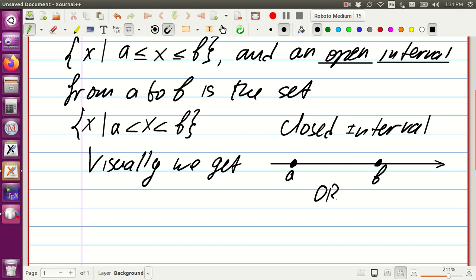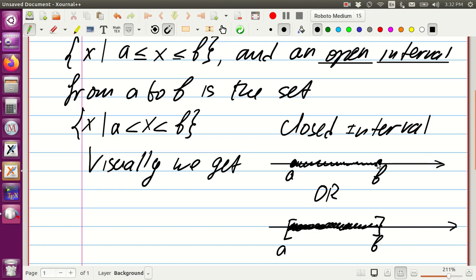But some people, instead of filled-in circles, use brackets. So some people would do it like this: bracket A, bracket B, and they make this line thicker over here. We fill in the line between A and B.